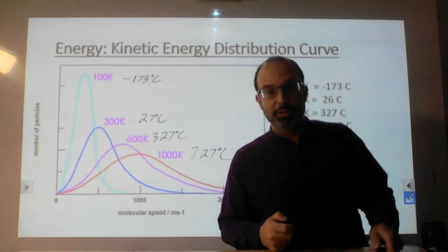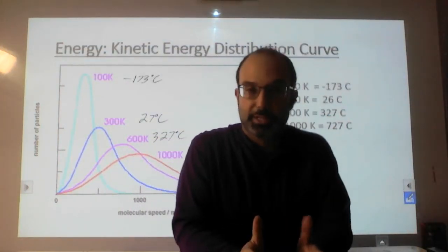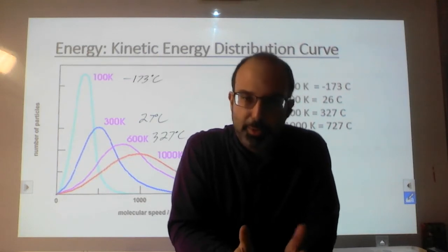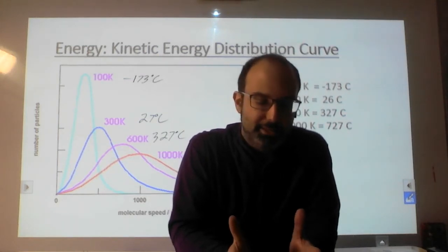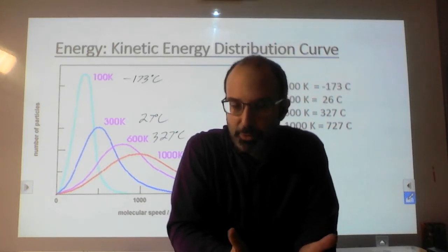So, what are the things we're trying to see here? Two things. One, the kinetic molecular theory itself. The kinetic molecular theory describes how particles of a gas behave. It's the foundation of the particle theory of matter, that matter is made of individual particles.